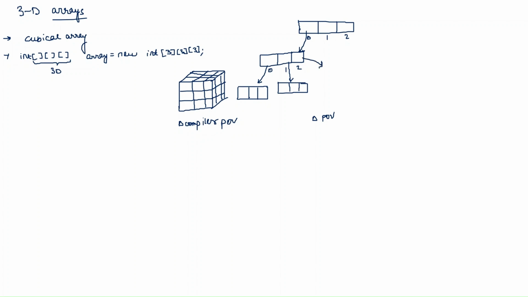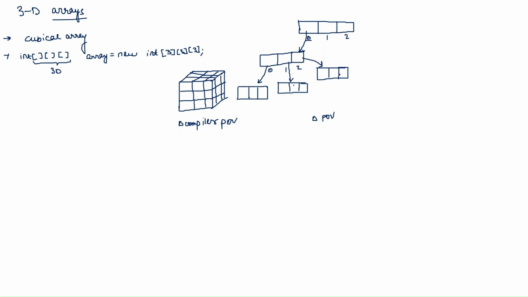What is the benefit of representing your 3D array in this way? Well, accessing a value would be really simple given this structure. In a cubical structure, you might miss one of the faces of the array, but here you won't, because you're clearly seeing it.